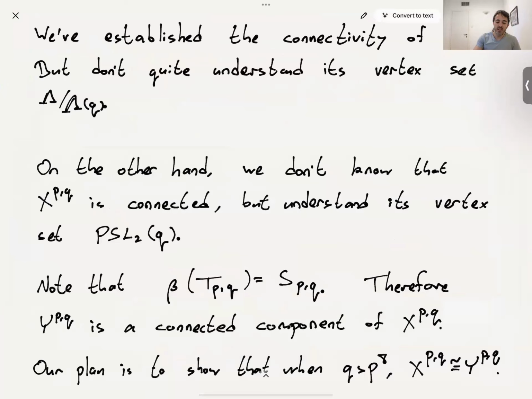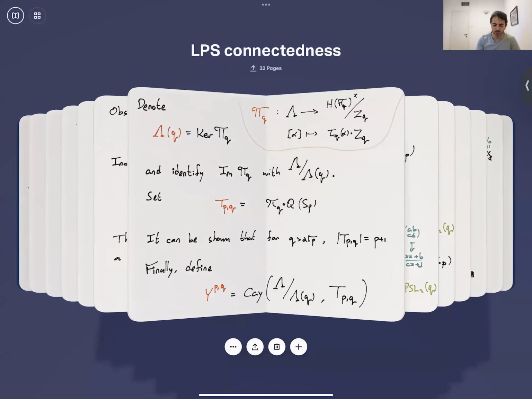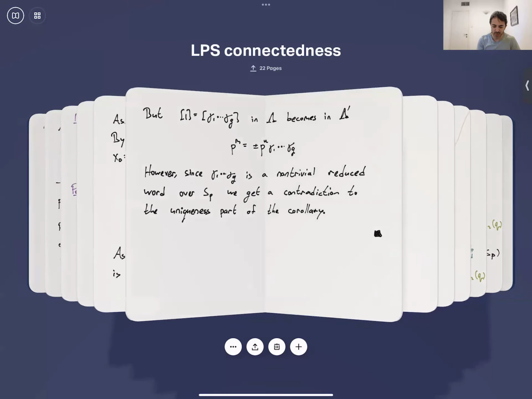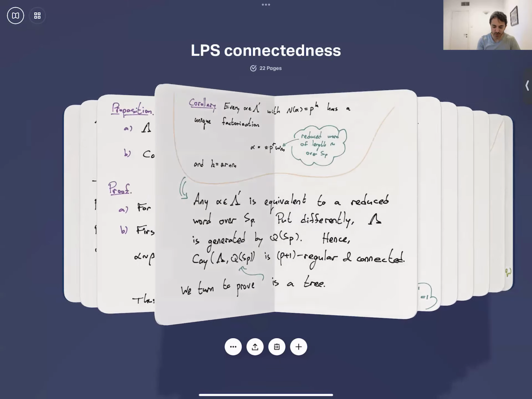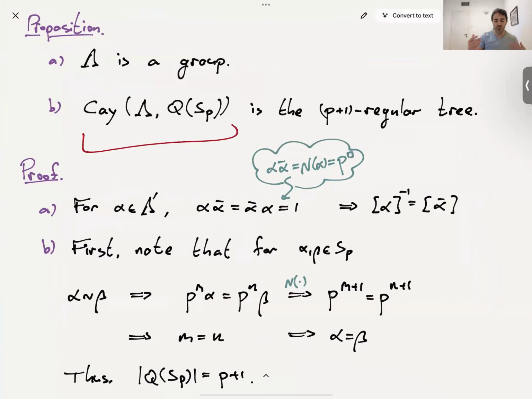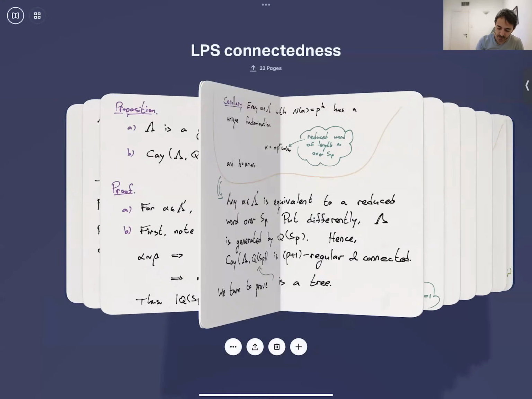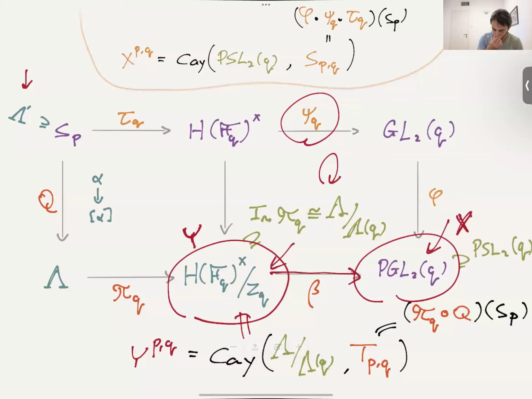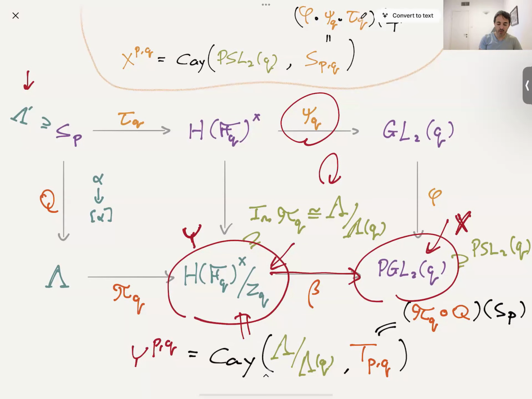Now we know that ypq is connected, right? I forgot how we call this graph, but we know that that graph is a p+1 regular tree, right? So before projecting, the Cayley graph on lambda and QSP is a p+1 regular tree, it's connected, and ypq is obtained, I mean, this graph.